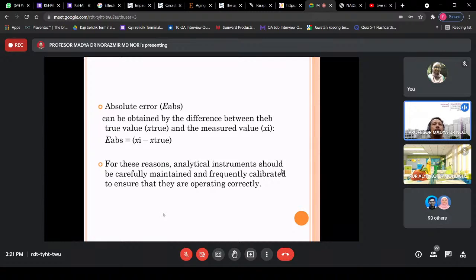So absolute error can be obtained by the difference between the true value and the measured value. So let's say we have the standard value, then we have the measured value. So the difference we call absolute error.